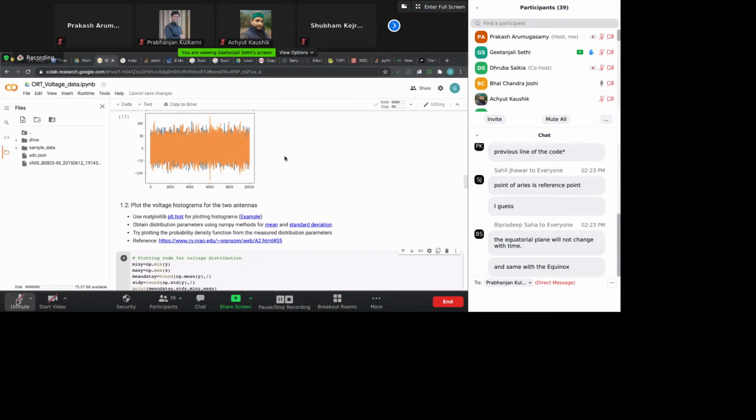This is something, especially for students from an engineering or electronics background, that the connotation of signal and noise in astronomy is different from the connotation as far as communication engineers are concerned. So that's one of the things.